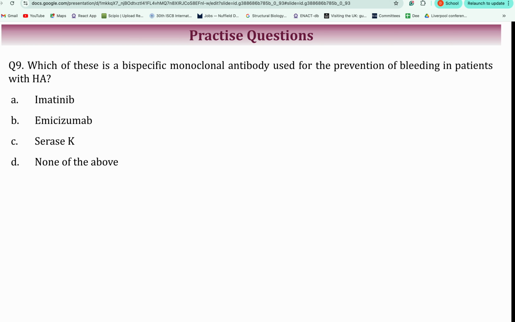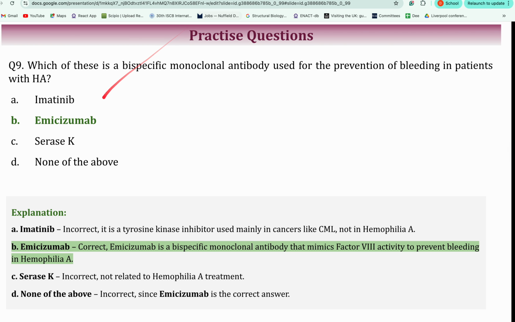Okay, so now let's see the right answer. The right answer is option B, which is emicizumab. It is a bispecific monoclonal antibody which mimics factor VIII activity to prevent the bleeding in hemophilia A. Because we have seen certain papers when we were talking about today's session, how they have used different factors in mice and what is the effect of externally supplying these factors in those model organisms.